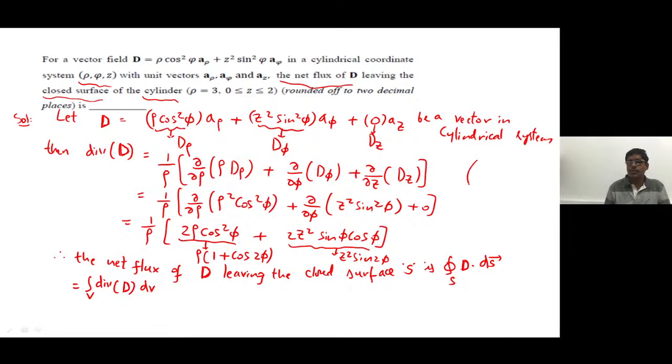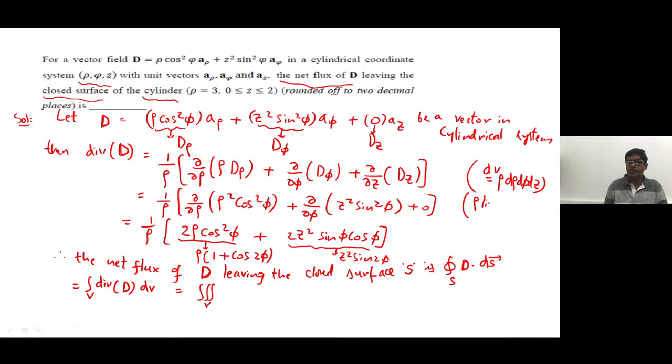So in the cylindrical system, the volume element is nothing but rho times d rho d phi dz. Very, very important this is. So this is a triple integral over v. dv means rho d phi dz. And what are the limits here?